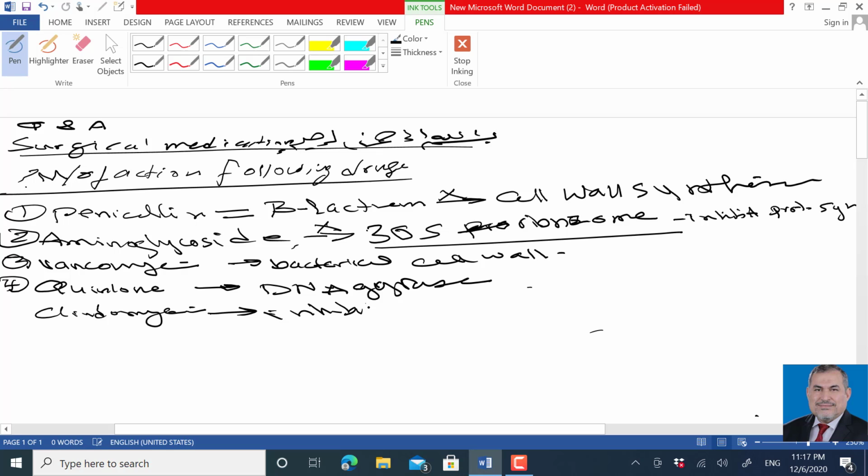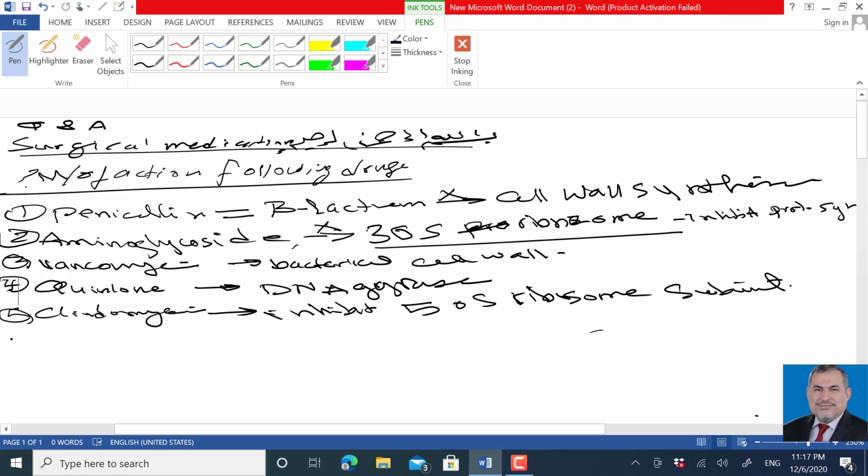Inhibit the 50S ribosome subunit in bacteria. Okay? This is clindamycin.